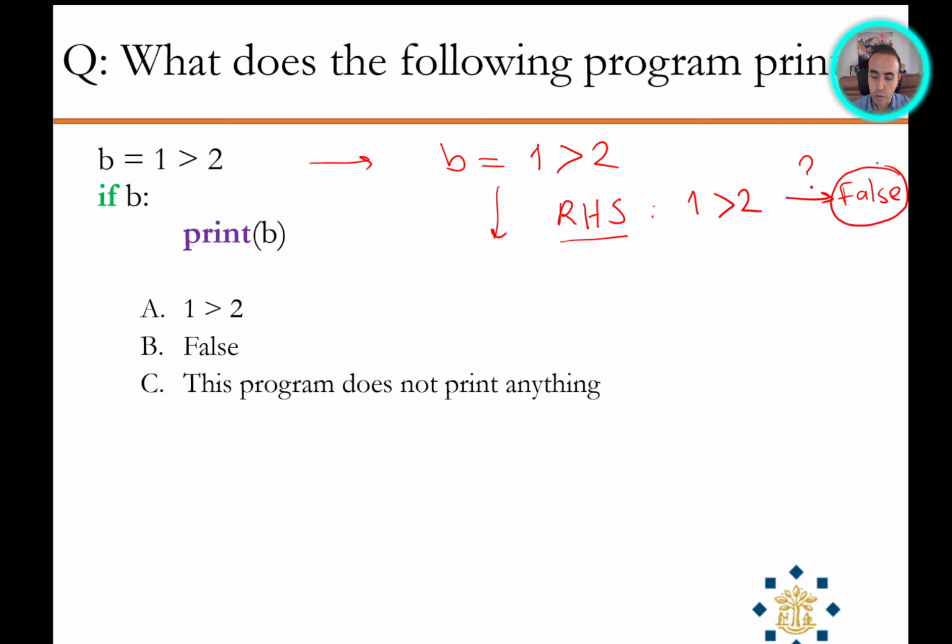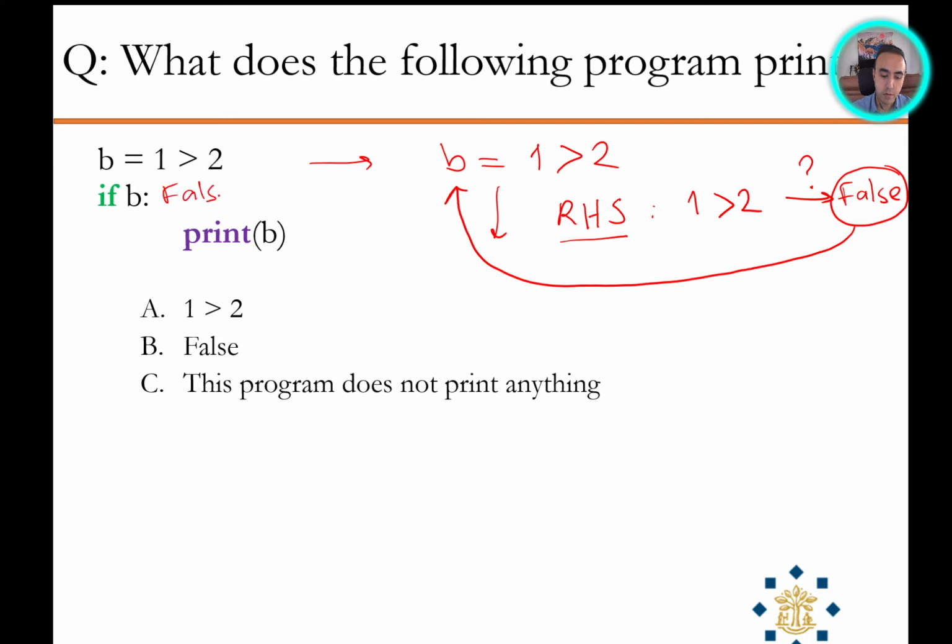So what do we do? We put false on the left hand side because it's an equal, so we see an equal sign here. We first evaluate the right hand side. We see the value that is false. And then we assign it to b. So here b is false.